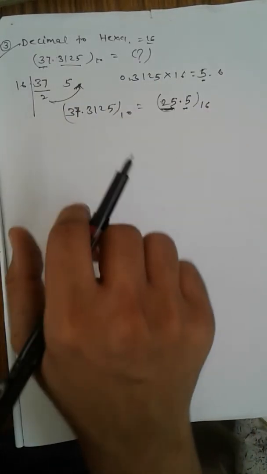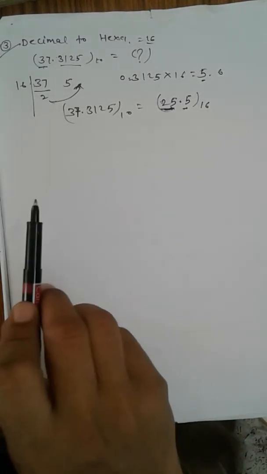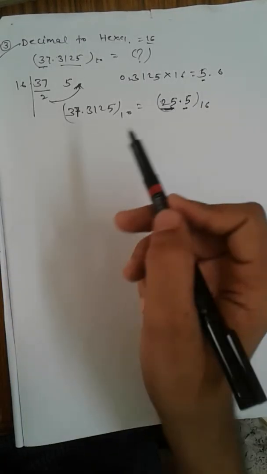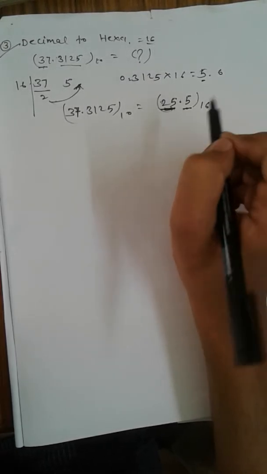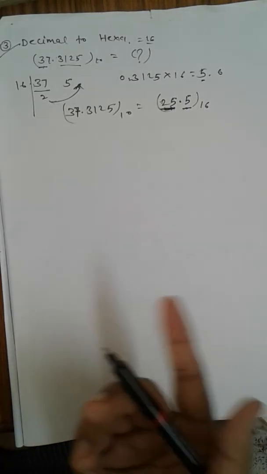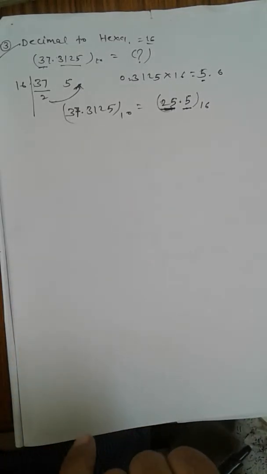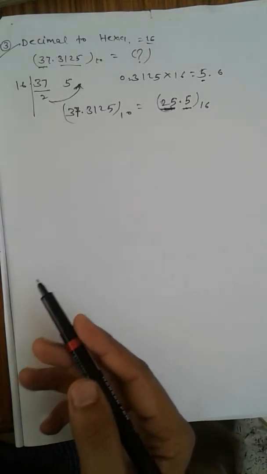This is another example. And when the base increases, the integer part decreases and the fractional part increases. So you can conclude from this, and conversion from any base to decimal we will see in the next video.